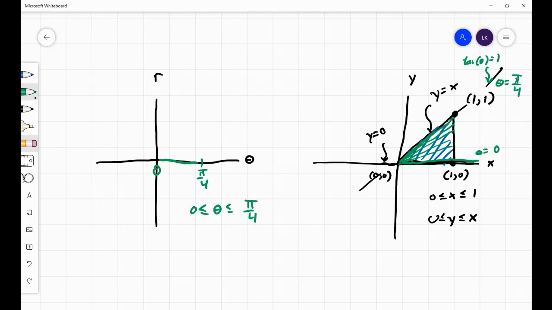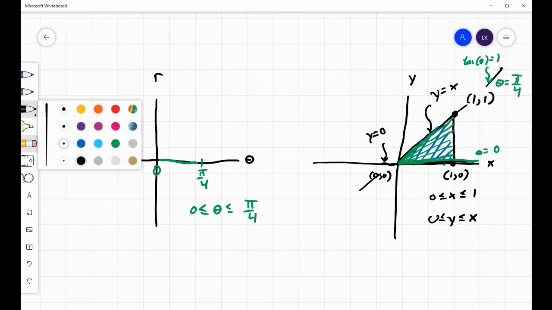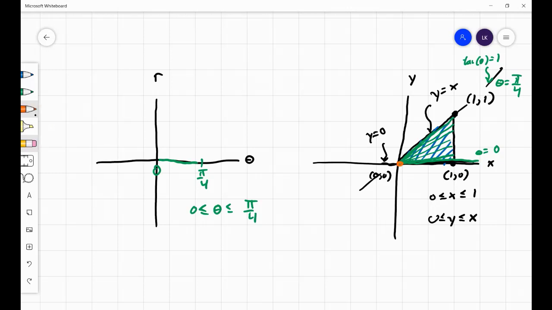Okay, so what about r? Well, yes, r is the distance to the origin, the hypotenuse of the right triangle. If you try to cover this two-dimensional region in a polar fashion, you start at the origin and you go out.